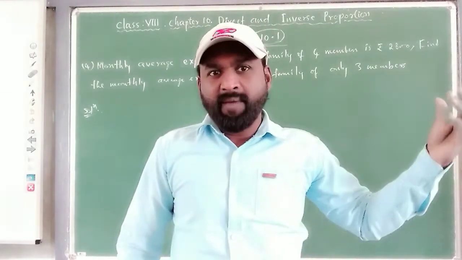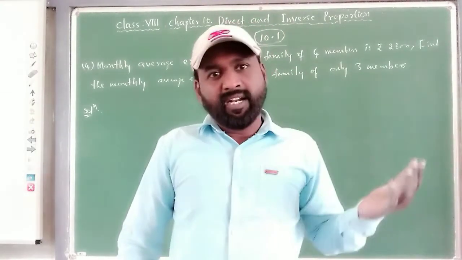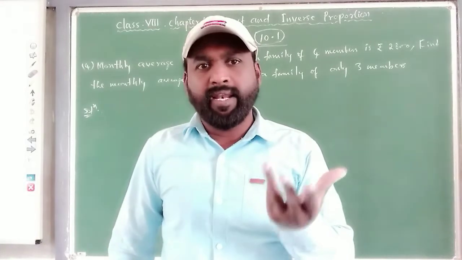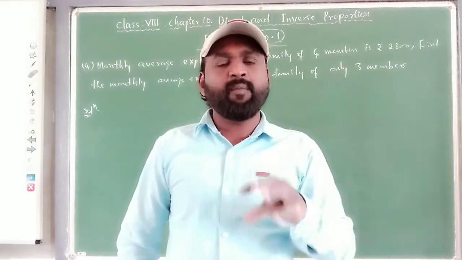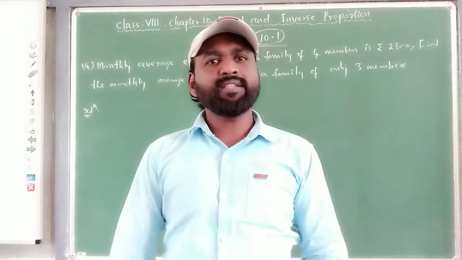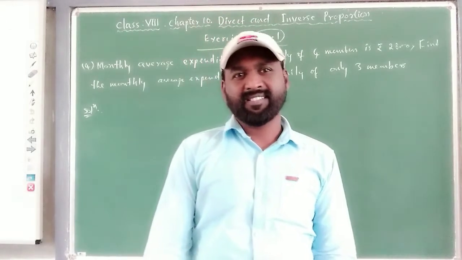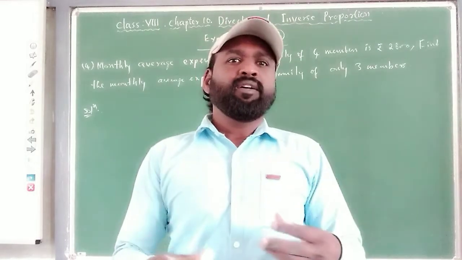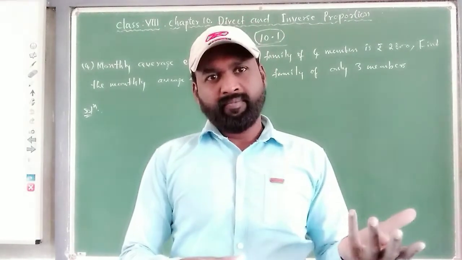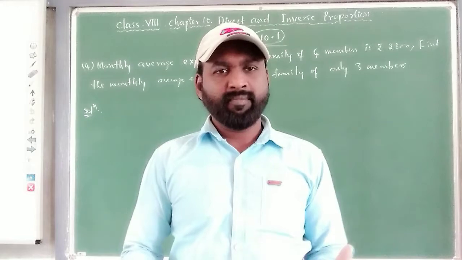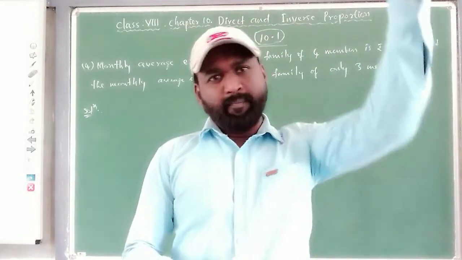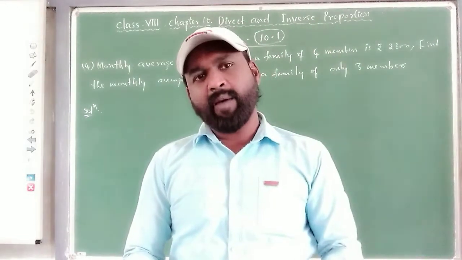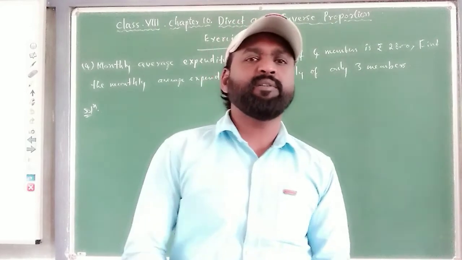See, in the first family there are 4 members. In the second, how many members are there? Only 3. The number of members in the family is decreased. Obviously, the expenditure also decreases. We all know by using common sense. If more people are there, the expenditure will be more to maintain the family. Similarly, if the number of people is less in the family, obviously the expenditure will be less.